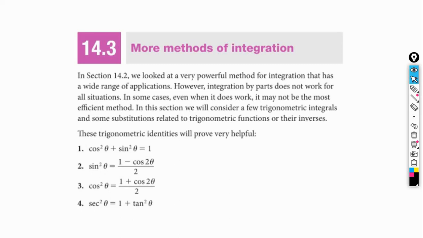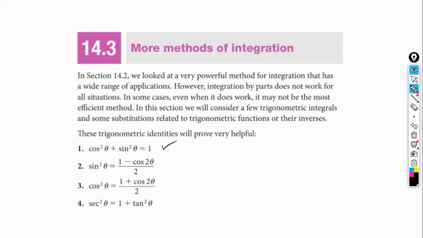One of the important things here that you can see on the slide is a few trigonometric identities that can be very useful to solve certain integrals. First of all, we have the Pythagorean identity: cosine squared plus sine squared equals 1. We can use this to solve certain integrals.